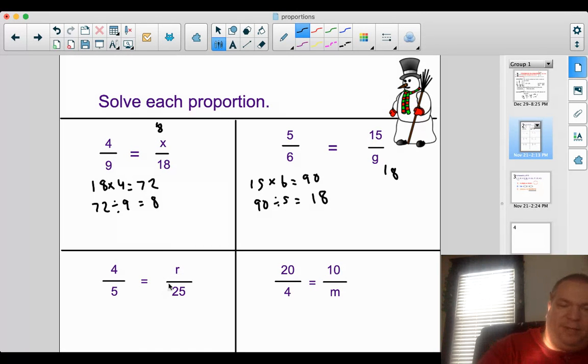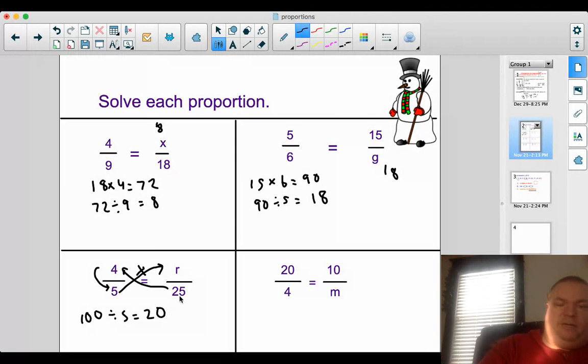Okay, so let's try it. If I want to know what R is, I'm going to start with the one in the same fraction, the same ratio, and multiply across. So 25 times 4 is 100. Then I'm going to divide by this number, 5, and that gives me R, which is 20.